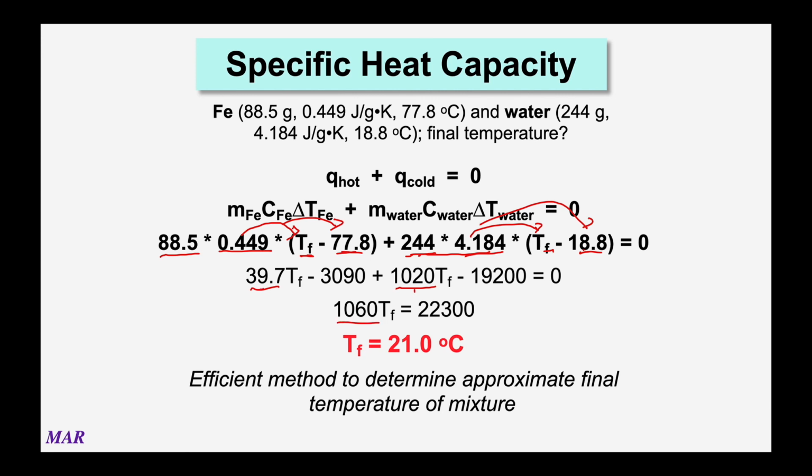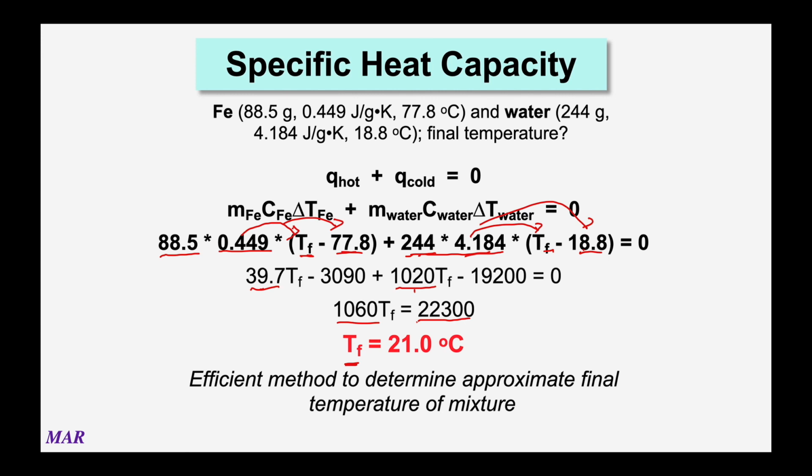That's 1060 TF, and then add 3090 and add 19,200 to both sides, so you get the numbers on the other side. Once you have 1060 TF equals 22,300, you can divide both sides by 1060. You'll get TF by itself, and on the other side, 22,300 divided by 1060 comes out to be 21.0 degrees Celsius.